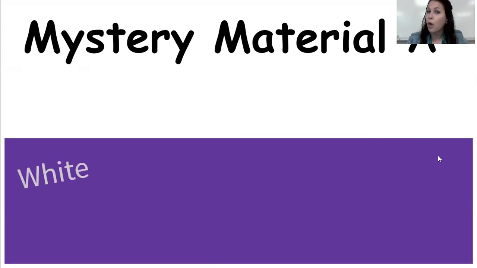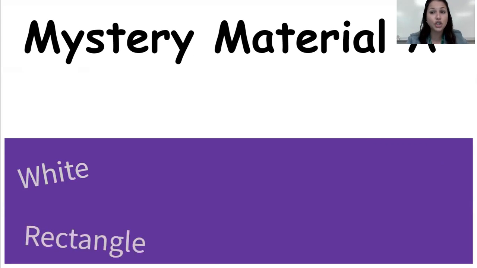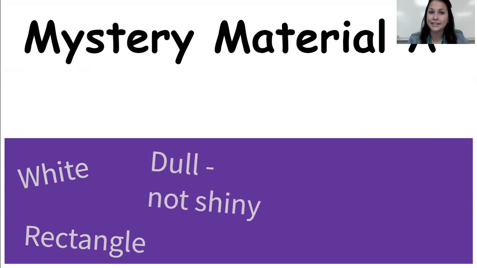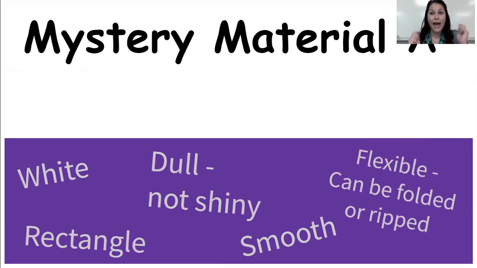This material is white. It's usually a rectangle. It's dull, it's not shiny. It's smooth, and it's flexible. I can fold this material and I can rip this material. It's white, it's a rectangle, it's dull, it's smooth, and I can fold or rip it.